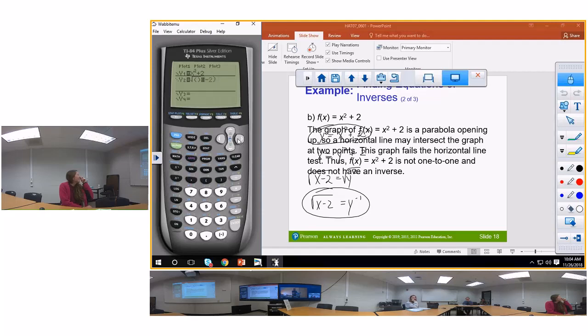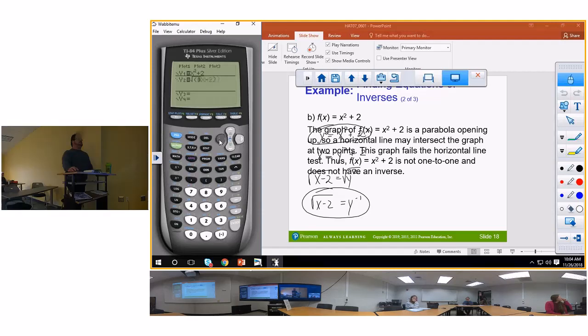Okay, wait a minute. I hate this calculator. I'm sorry, I really do hate this calculator. There. Now that should work. Why does it keep doing that? It's supposed to have that whole thing.